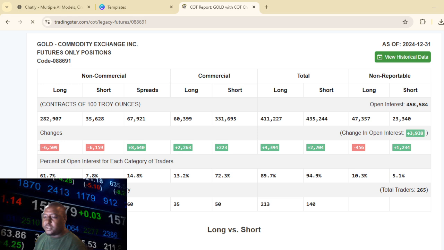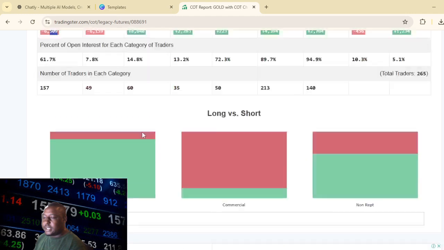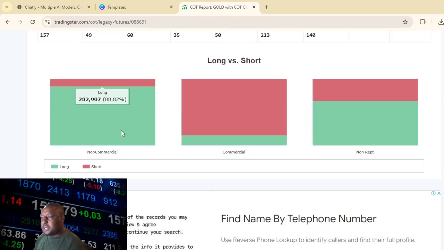So you see that they're taking profits on gold, to be honest. Look at gold, they closed a lot of long contracts and a lot of short contracts, close to equal, but more long contracts than short contracts. And this was just a report that we got on Friday. So you can clearly see that long term they're still bullish.